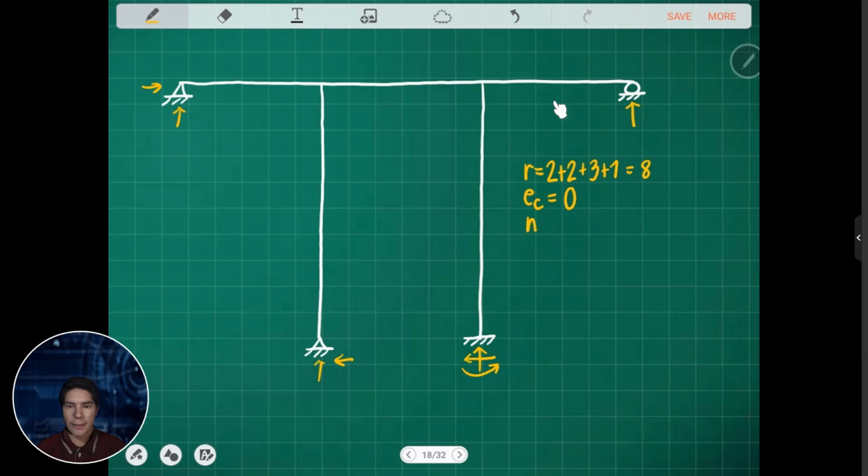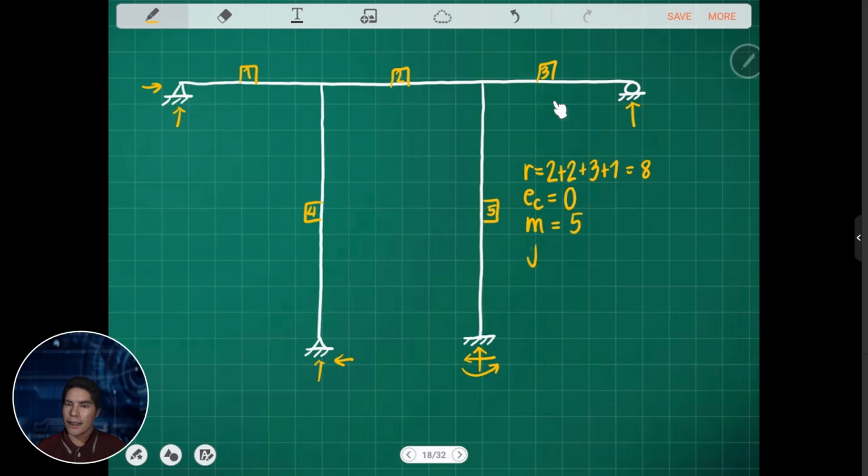So the number of members, we just need to count the number of members. We have 1, 2, 3, 4, and 5 members.